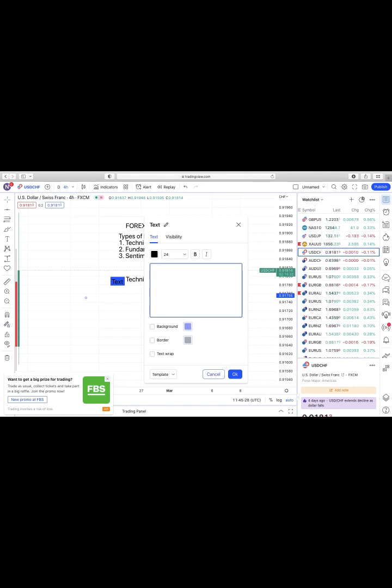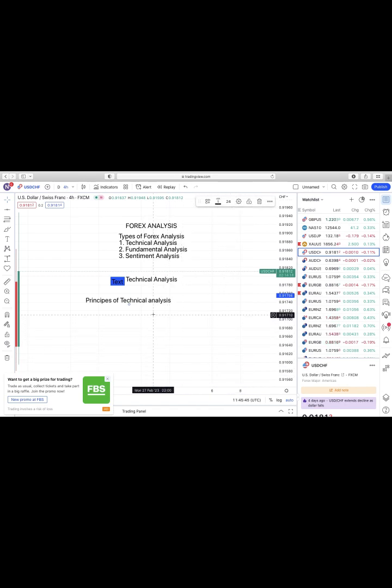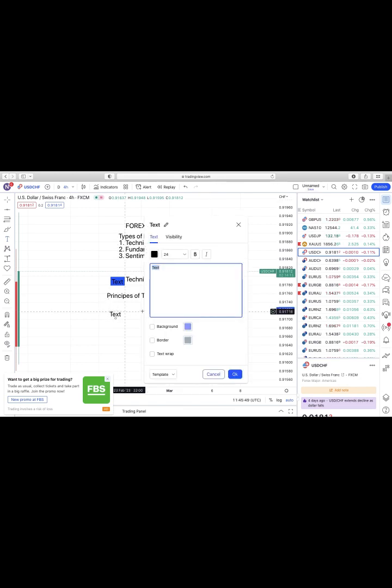What you need to know about the technical analysis, I call them the principles. These are the key things. What are the principles of technical analysis? And this one is where we want to go deep.